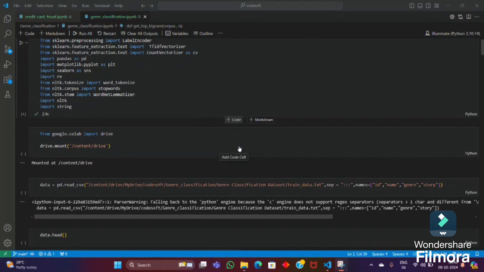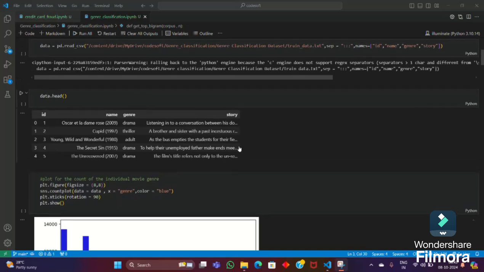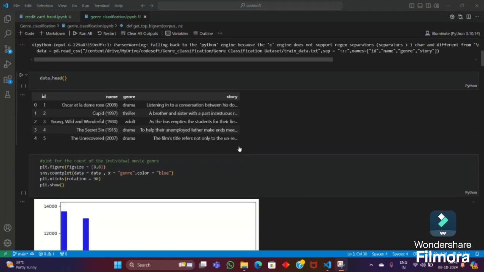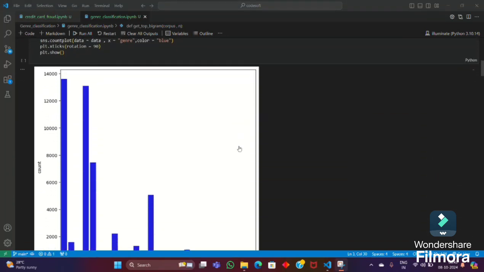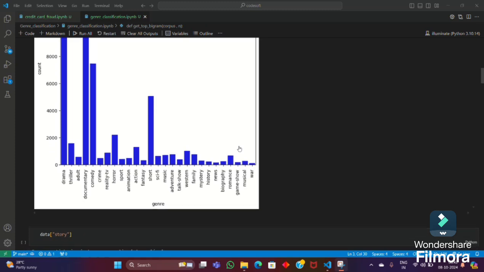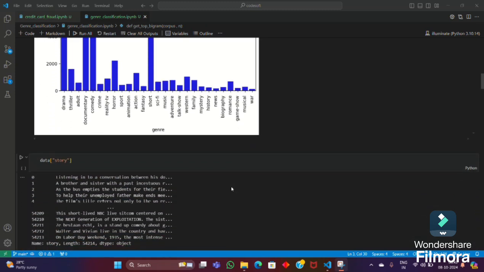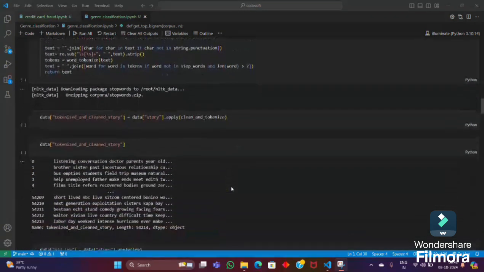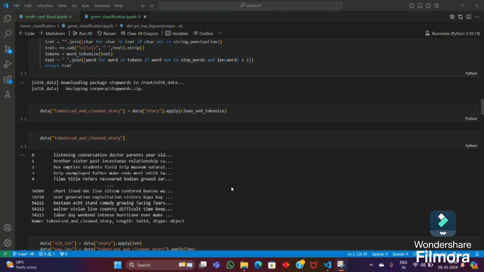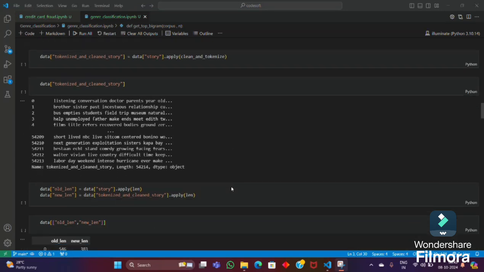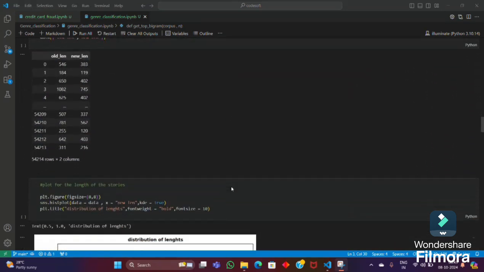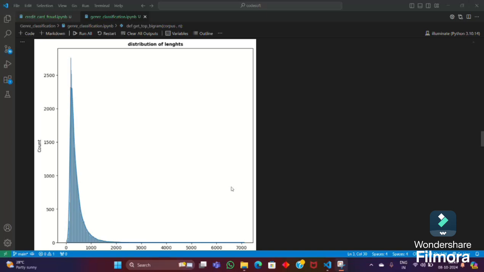My other small project is genre classification, which classifies the genre of a movie based on the storyline of the movie. I plotted the bar plot between the genres, and I did some pre-processing like removing unwanted words like Gmail links from the storyline data, and then I also plotted the distribution of the length.